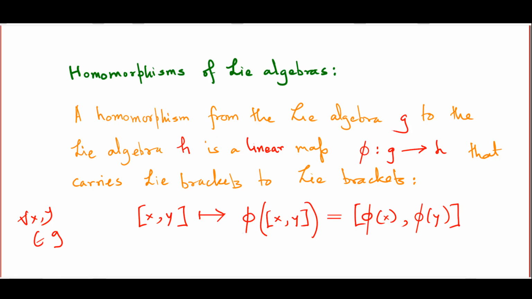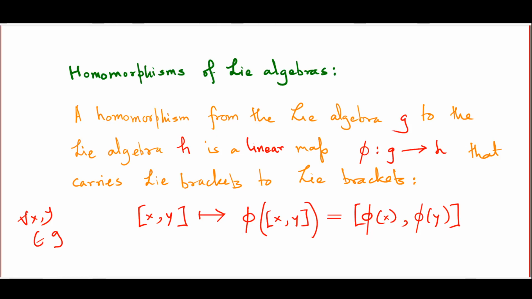However, what we want is, if you take the Lie bracket of x and y according to the rules of forming the bracket in the Lie algebra G, and then apply the map phi, the resulting thing would be the same as the one we would get by applying the map phi first to get elements of H, and then constructing a Lie bracket of those results using the Lie bracket defined in H. Now, if that happens for all x and y, which you can take from G, then this particular map phi is called a homomorphism.